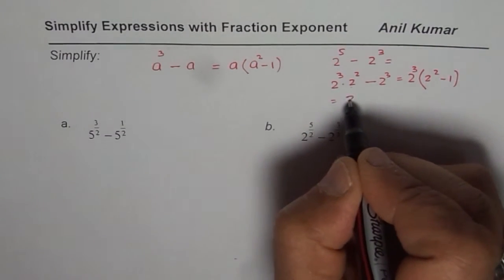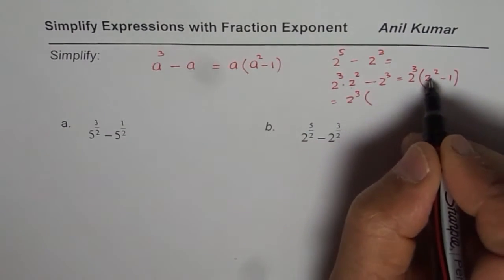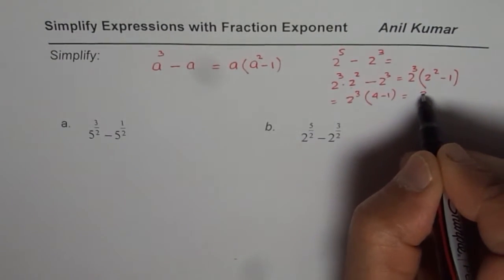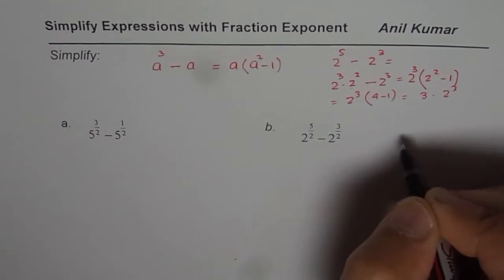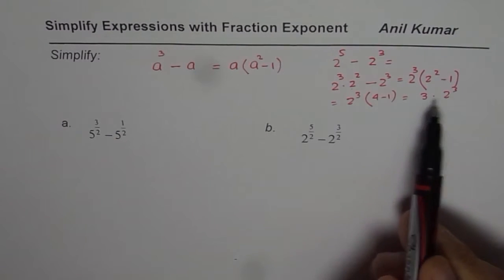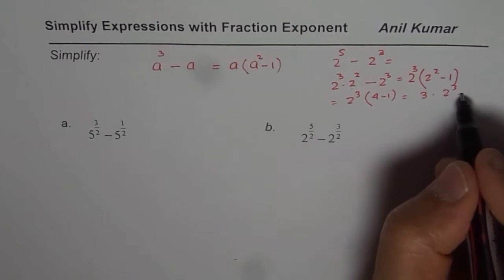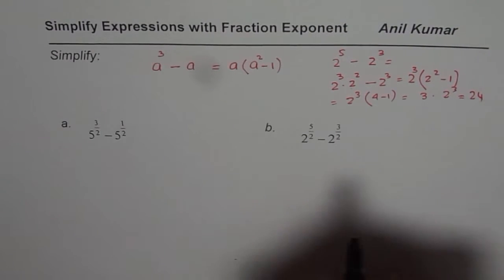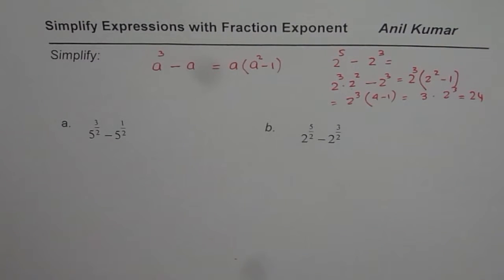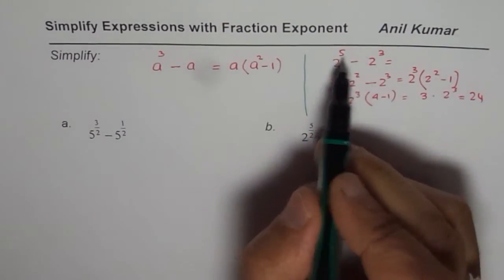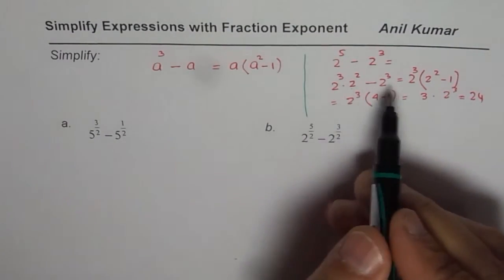So you could say 2 to the power of 3 times 2 squared is 4, 4 minus 1 is 3, so 3 times 2 to the power of 3. So anyway, you could solve it. 2 to the power of 3 is 8, 8 times 3 is 24, to get your solution. So these are different ways of solving when the exponents are whole numbers. So it's kind of simpler.